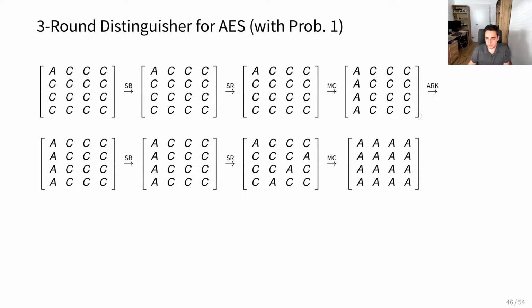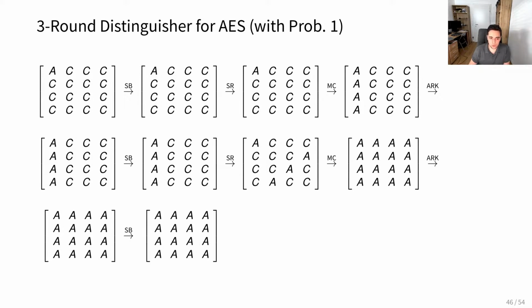We can now simply continue. AddRoundKey doesn't change anything, SubBytes doesn't change anything. Now ShiftRows doesn't change anything either, because everything is active, so it changes the positions, but everything is the same. And now, everything is active, so what does MixColumns actually do?